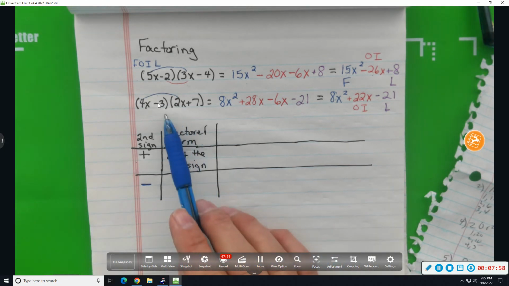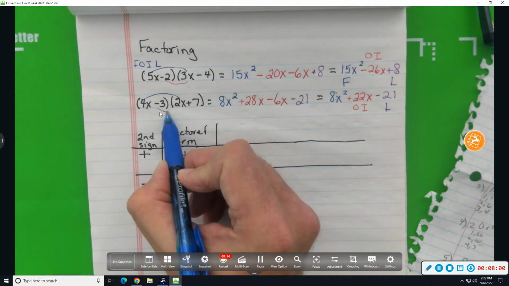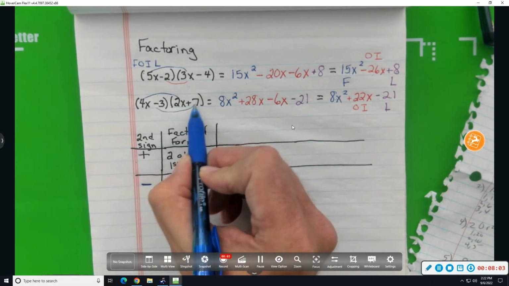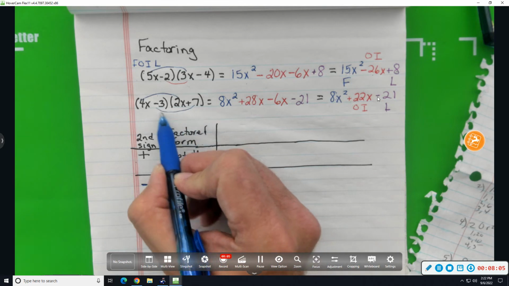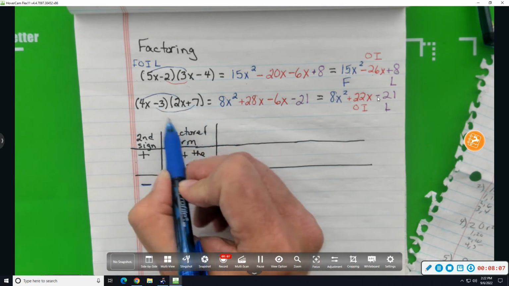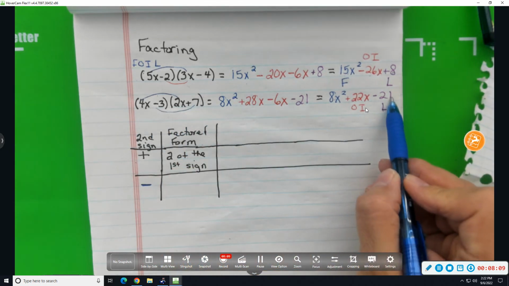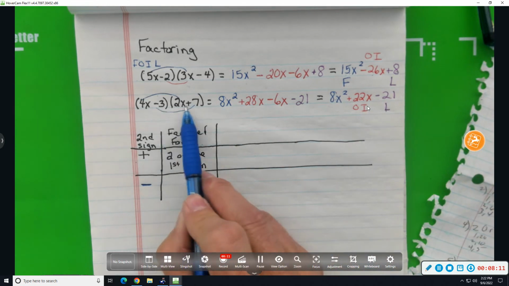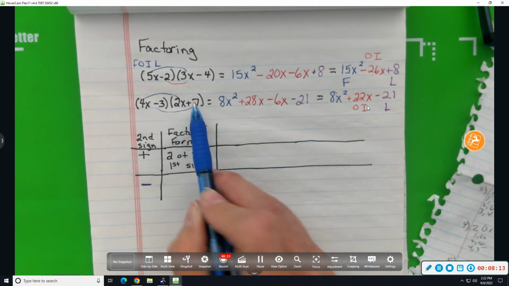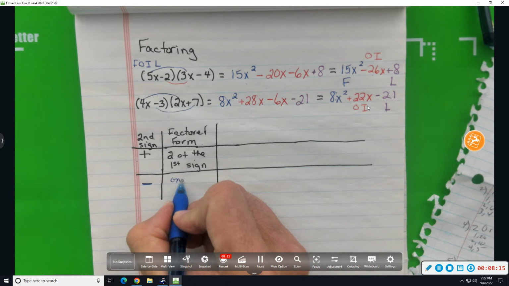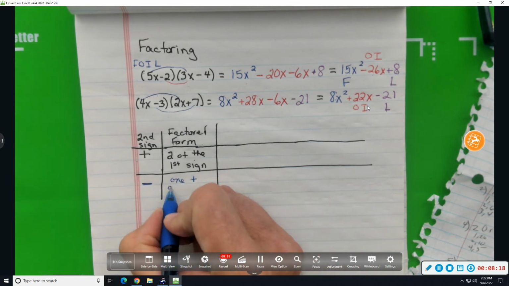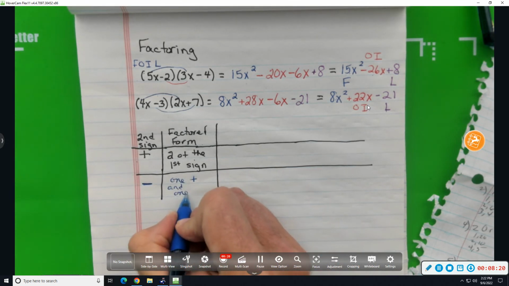Notice here, if these two numbers had the same sign, there's no way it would have been a negative 21. It would have been a positive. The only way you'll have a negative 21 is if one of these numbers is positive and one of them is negative. So I'm going to write 1 plus and 1 minus.